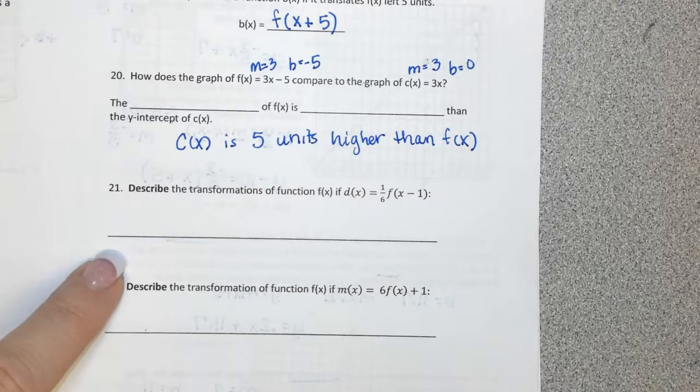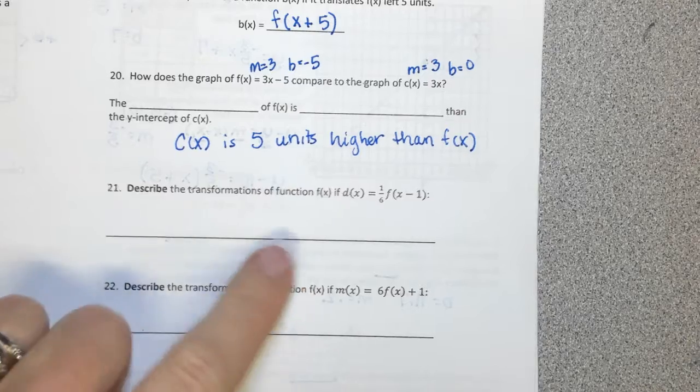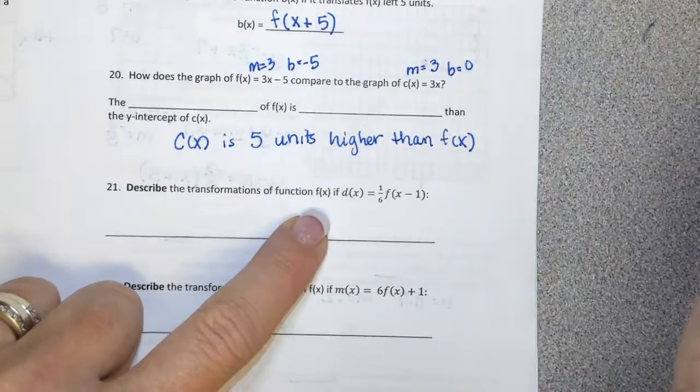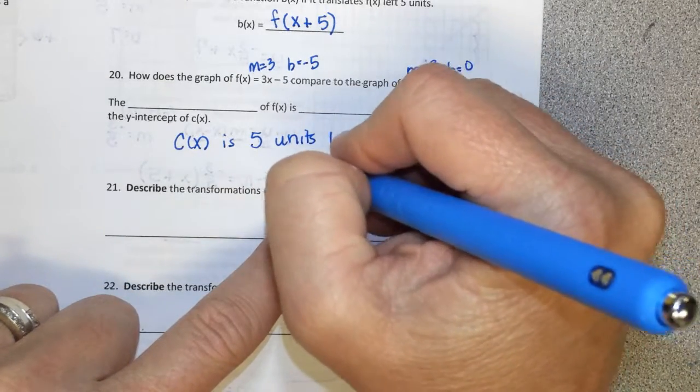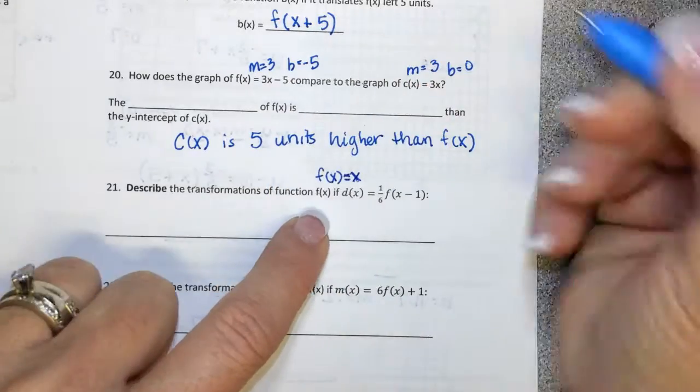Ready for 21? Okay, 21 says describe the transformations of function f of x if d of x equals 1 over 6 f of x, or f times x minus 1. So let me just say this, f of x is going to equal x. That's what we're going to compare it to, since they didn't give us one to compare it to.